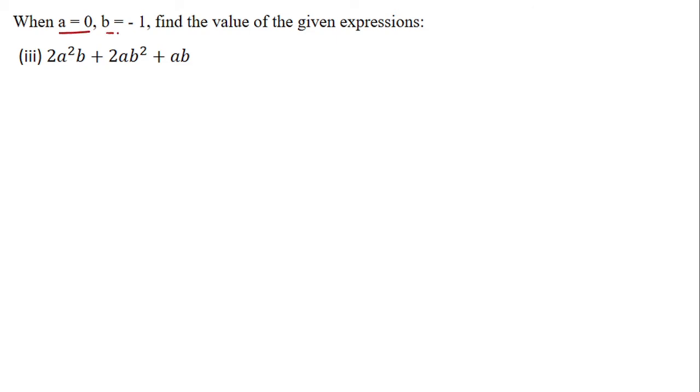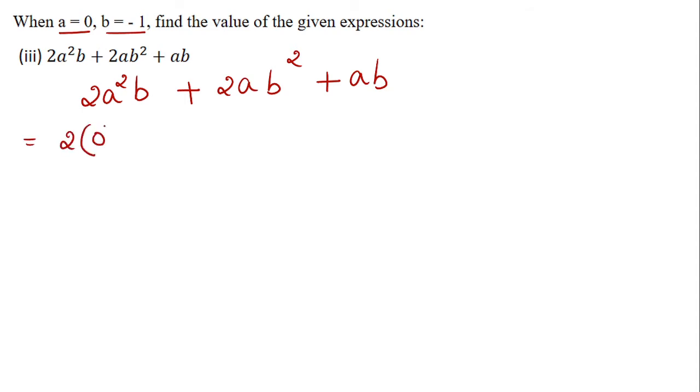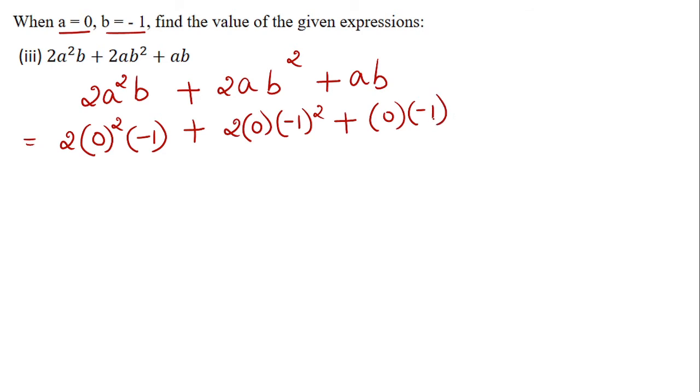When a is equal to 0, b is equal to minus 1. Find out the value of 2a square b plus 2ab square plus ab. So that's equal to 2 into a is 0, 0 square, b is minus 1 plus 2 into a is 0, b is minus 1 square plus a is 0, b is minus 1.